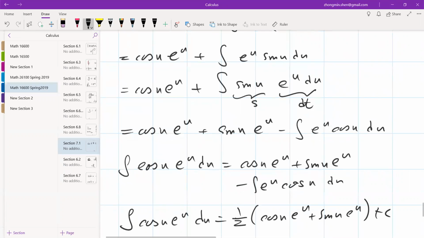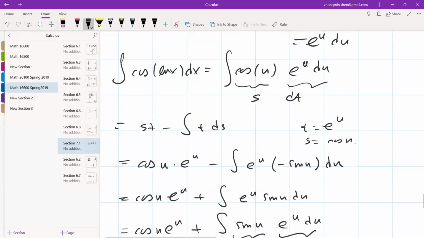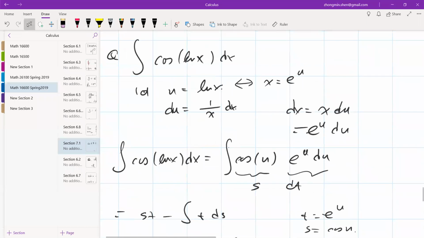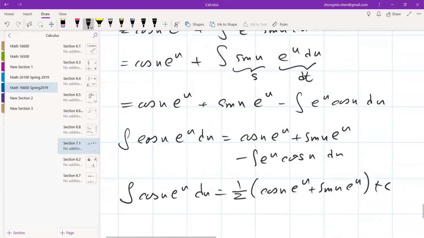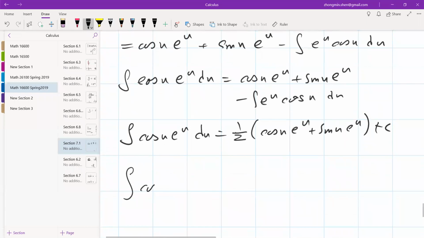So now we have to go back. We change the integral into this, right? So u is going to be natural log x. So cosine natural log x dx is just equal to cosine u du, right?